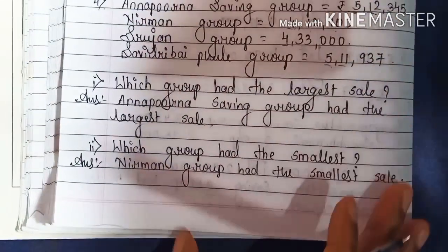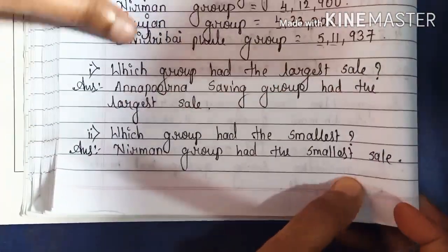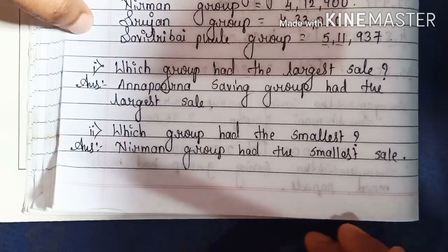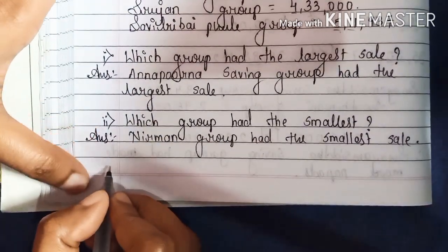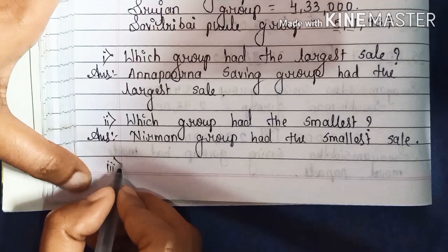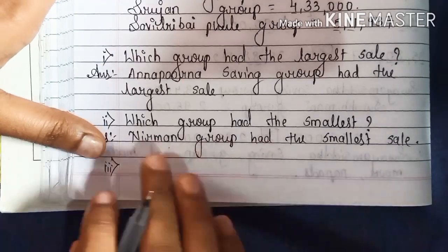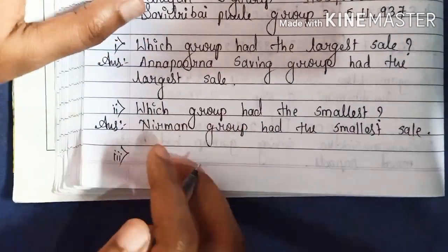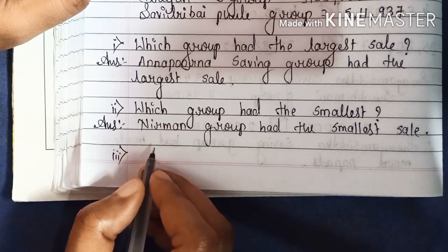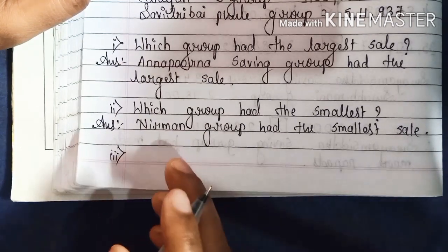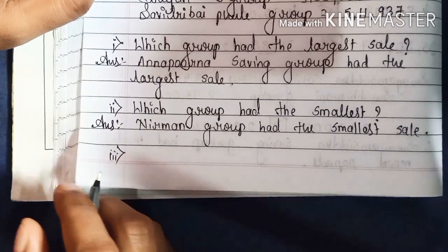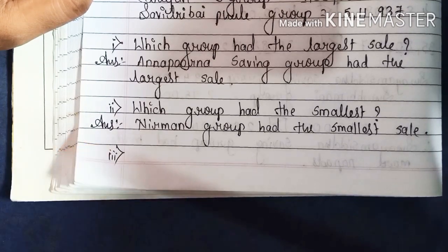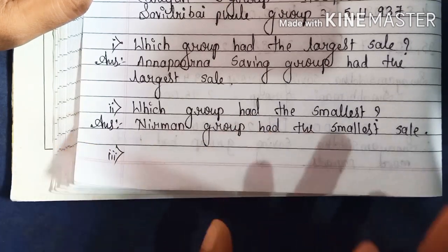We have to write the sales figures in ascending order. Third question, I'm not writing question over here, I'm directly writing answer. You can see the question from your textbook. The question is, write the sales figure in ascending order. Ascending order means what? Smallest to biggest.